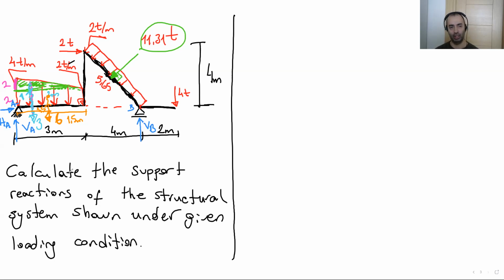But while we are doing hand calculation, it's not easy to consider an inclined force like this in the questions. We generally do our calculations along the perpendicular axes, the y-axis and the x-axis. So let's convert this load to components in the x and y axes. What I mean is, let me change color.